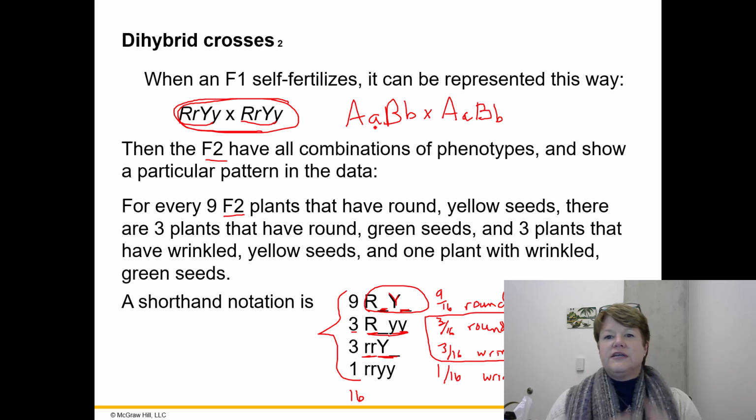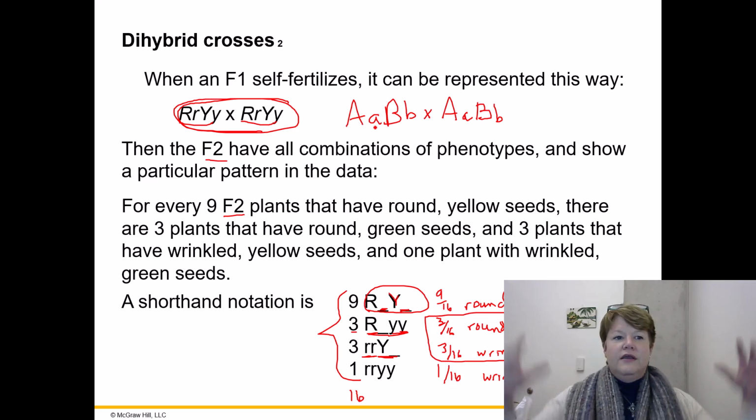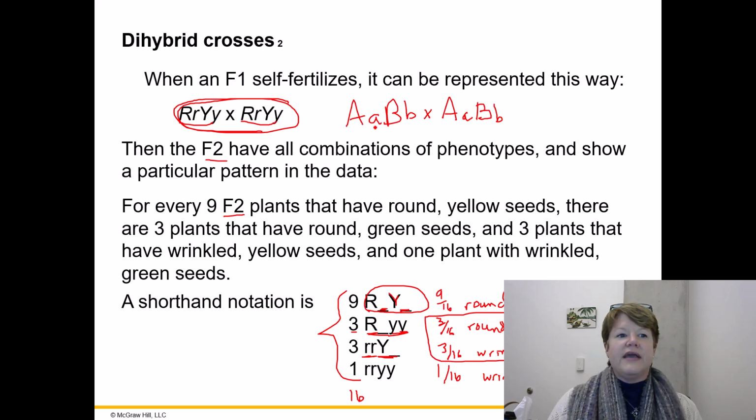So the letters represent the alleles on the chromosomes. The chromosomes are segregated in meiosis, such that each gamete is haploid, and then 2 haploid gametes come back together to make a new offspring. And so you can get all kinds of combinations with a dihybrid cross, which is what we're showing here.